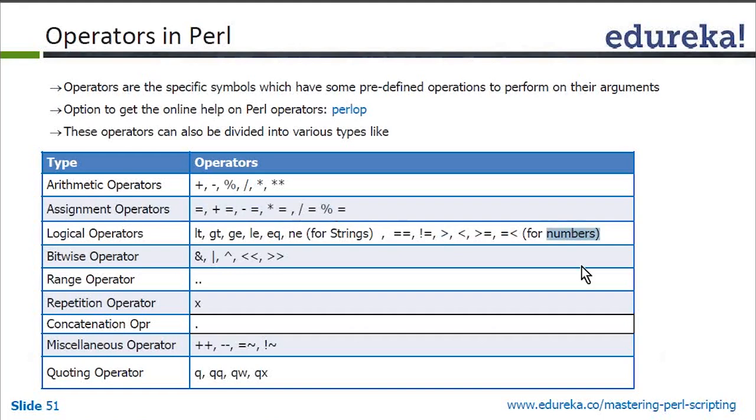So if we are only operating on numbers like 1 and 2, or the value of these scalars is numbers, then we can use these operators, which are similar to any programming language. But if we are working on two strings, then we must use LT, GT, EQ, LE, GE, NE for strings. This you must remember. That's how Perl is different.